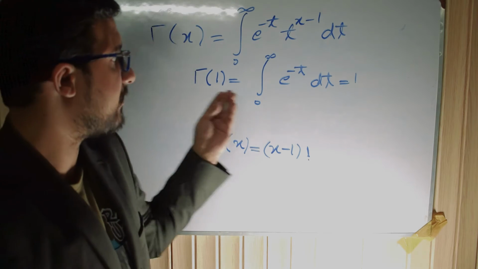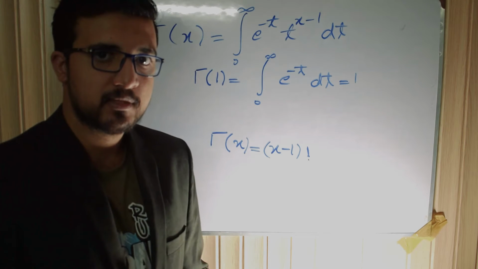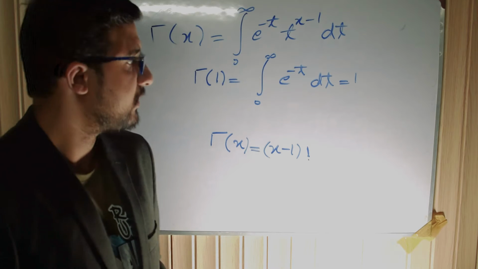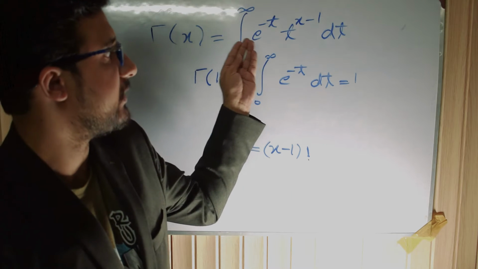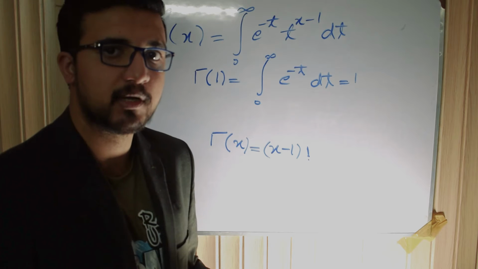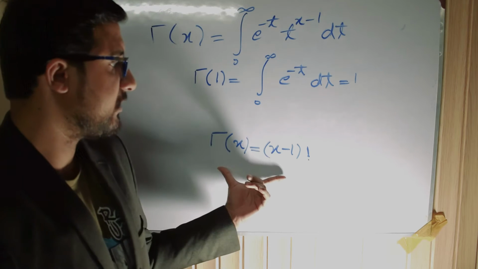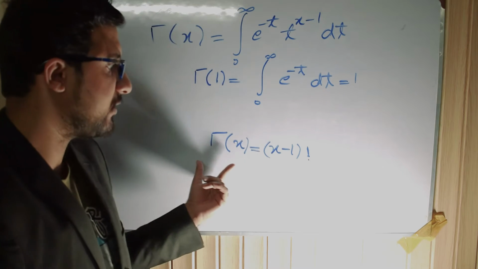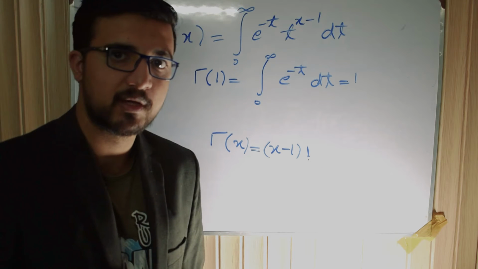So we get gamma of 1 equal to 1. In those proofs, if we integrate this by parts, then we get this formula: gamma of x is equal to x minus 1 factorial.